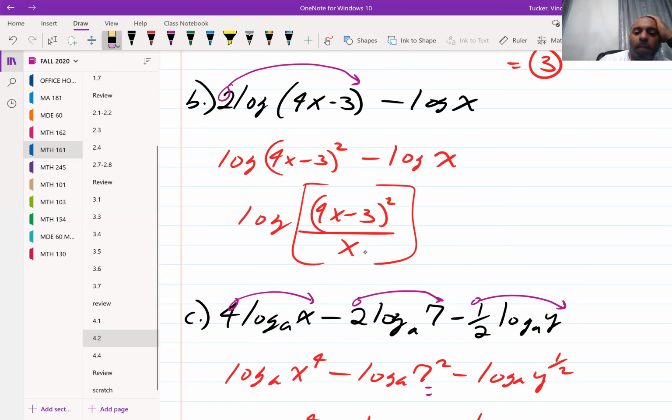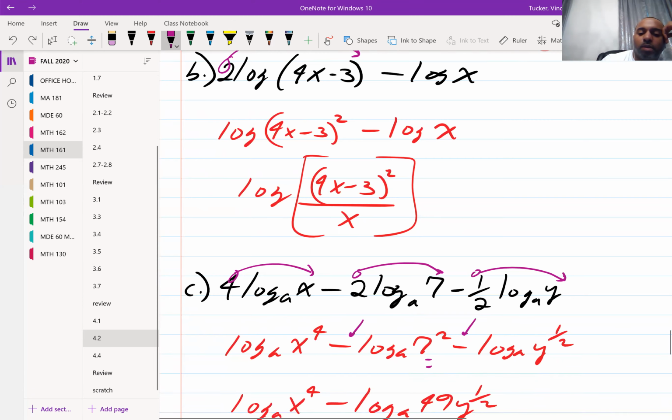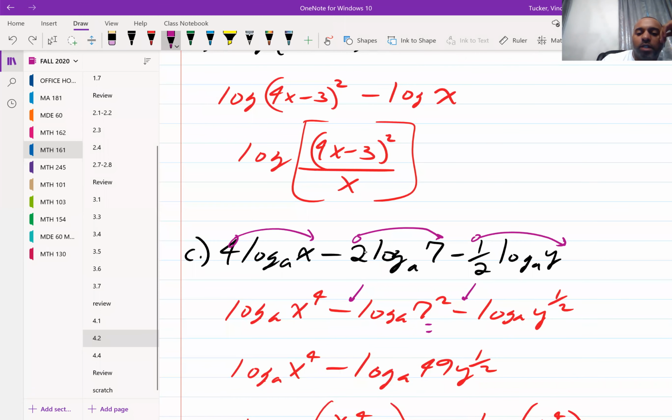All right. So next we notice that we have these 2 minus signs. So that means that both of those pieces will go into the denominator. So I'll go ahead and bring those together. 7 squared is 49.